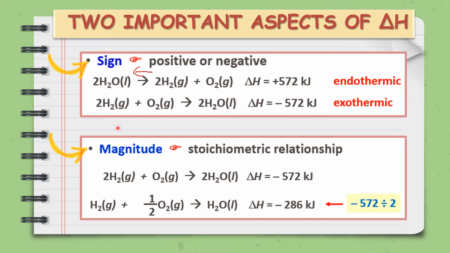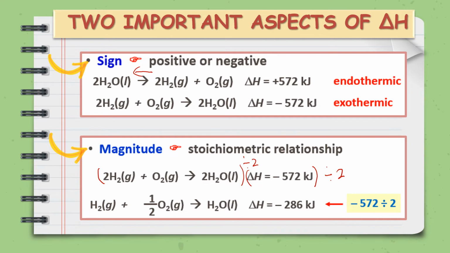If I want to remove the number 2 here, I need to divide all the equation here by 2. So I have H2 plus half O2 to produce H2O. If I divide everything here by 2, my delta H also must be divided by 2.